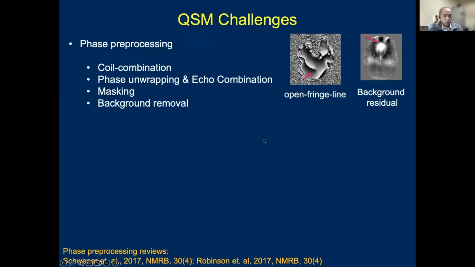That would be helpful to understand each step and how to choose the acquisition and processing parameters. Usually for QSM, there are different challenges in each processing step, including coil combination, unwrapping, and background removal. I'm not going to talk about those details, but there are some very good recent review papers on different methods to solve these issues.